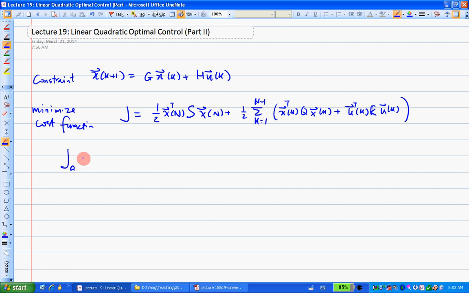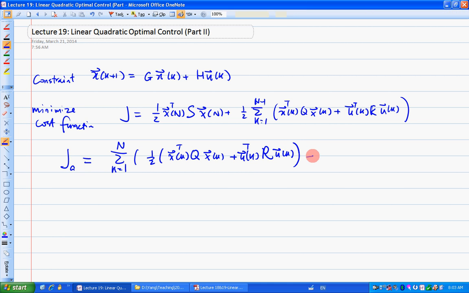Basically, we come up with an augmented cost function: one half x of k transpose Q x of k plus u of k transpose R u of k, plus this Lagrange multiplier multiplied by the constraint.